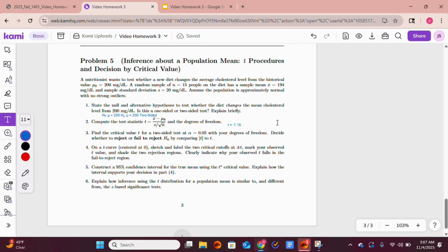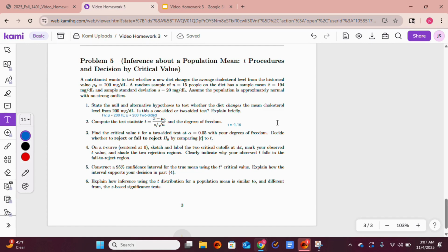Moving on to question 3, it asks us to find the critical value t for a two-sided test at 0.05 with your degrees of freedom. Decide whether to reject or fail to reject by comparing the absolute value of t to t critical.